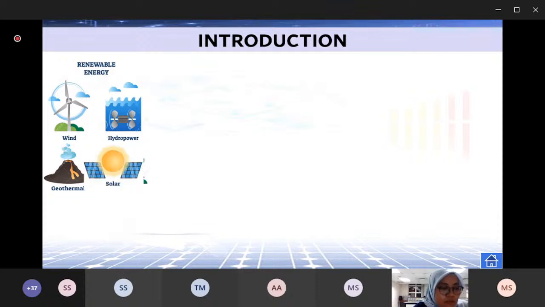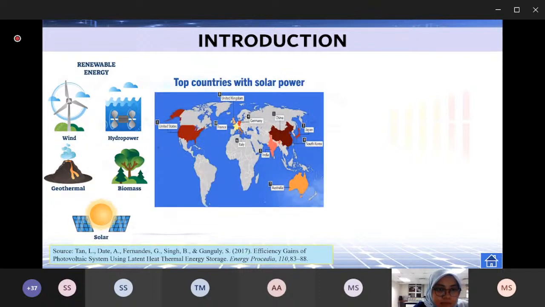My study will focus on solar, which is one of the renewable energies widely used in many countries. As you can see in my slide, the top countries with solar power have high demand for energy. They use solar renewable energy to generate electricity.